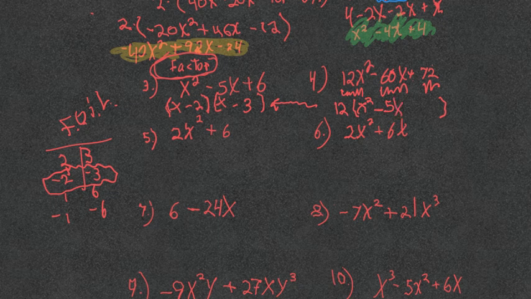Yeah, 12 times -5x is -60x. And the last one, 12 times 6, I think, is 72, right? Okay, then, oh, gosh, look at number 3. Problem number 3 again. Does something look familiar?